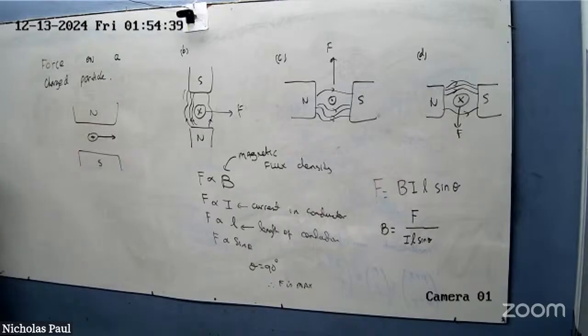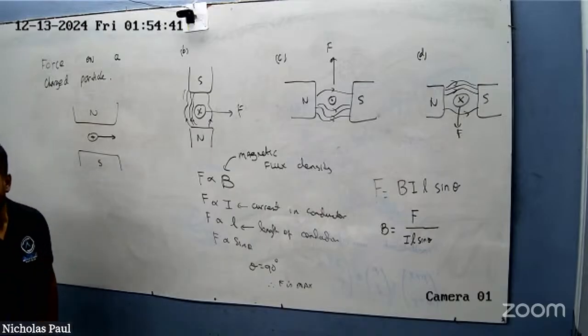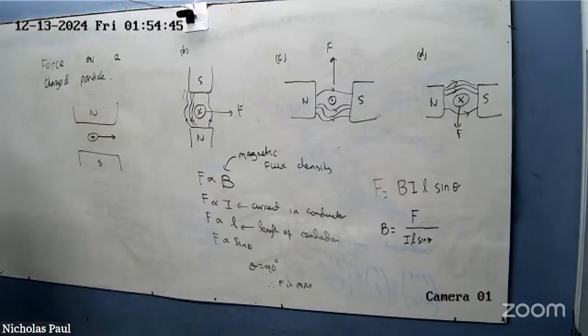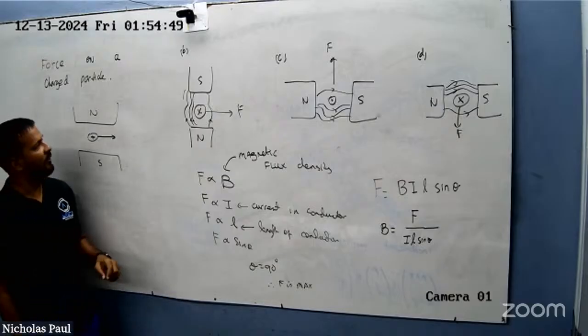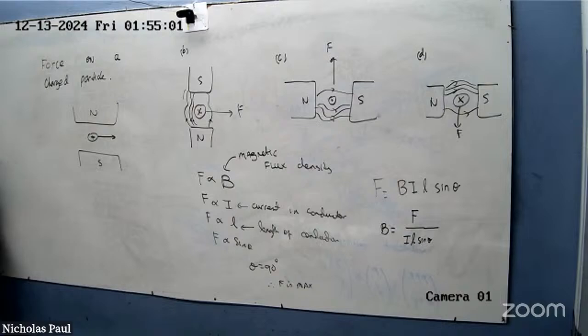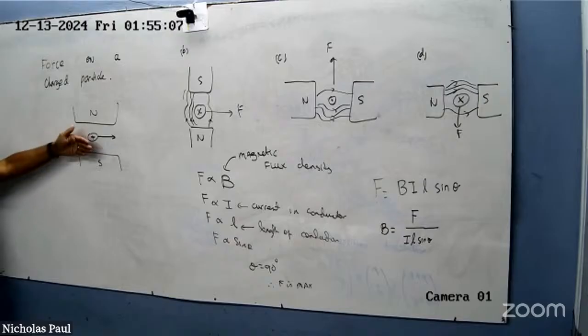Think about it. It'll experience a magnetic force, right? And what you need to remember, in a current carrying conductor. Right, so it's moving this way, so the positive charge moving this way.